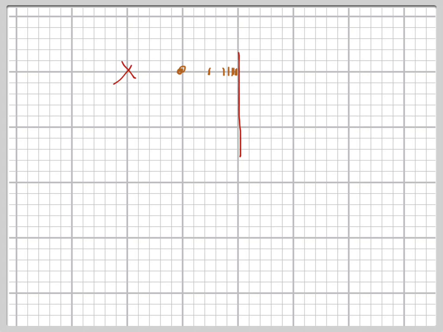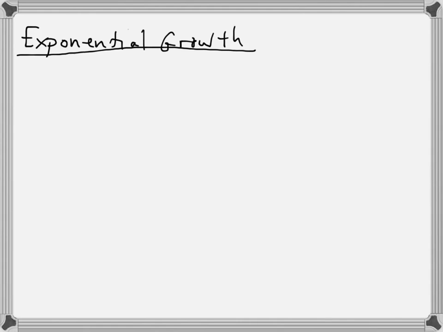Okay, so I'm going to formalize a few things here. I'm just going to skip screens. I'm going to get rid of the graph on the back. Bye-bye graph. Okay, so what we call exponential growth, and when we say exponential growth, that means as x gets bigger, y gets bigger.